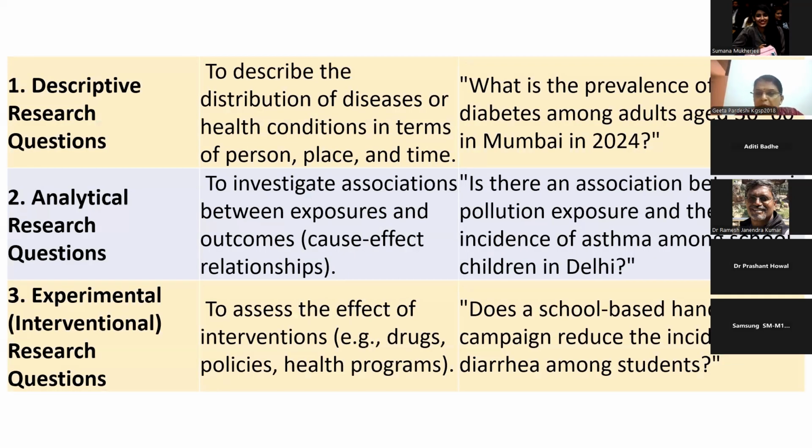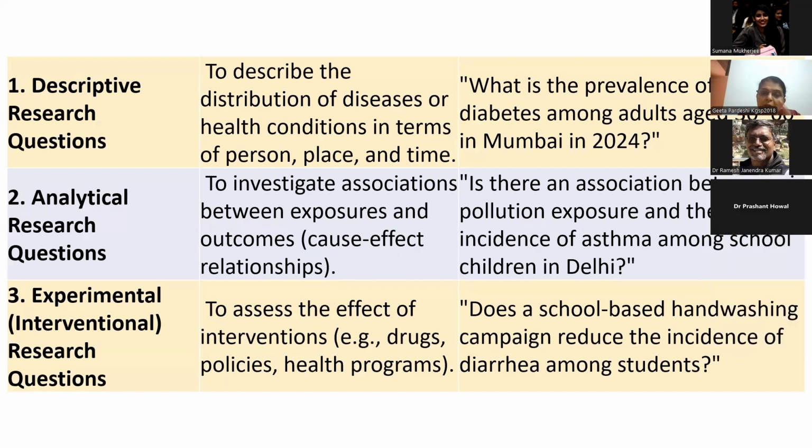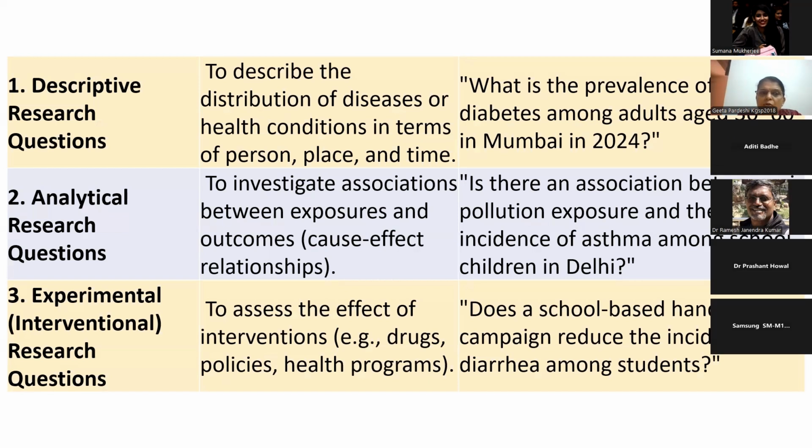Now, there are different types of research questions. I'm just showing you these types because the type of study design and your decision of the way you want to answer the research question depends upon, like many other things, the research question per se. So there could be a descriptive research question where you will use a descriptive study where you just want to describe the disease in terms of either person, place, time, or all of the three.